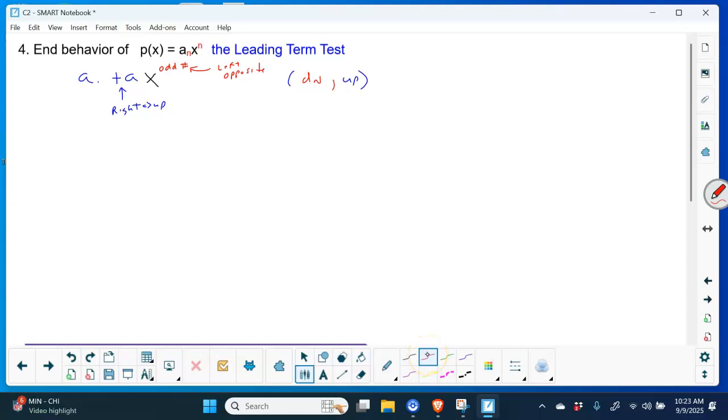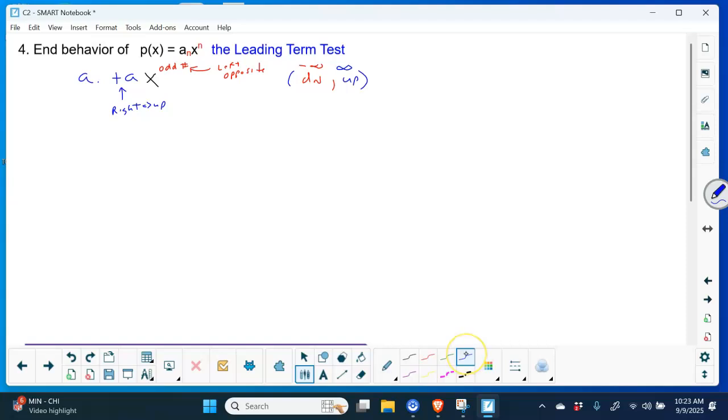Now, remember, down means it's coming from negative infinity, and up means it's going to infinity. And that's really the way we term it. We don't really say down, up, though thinking down, up is a little bit easier. But negative infinity, so it comes from negative infinity, from down, and ends up to the right as you move left to right to positive infinity.